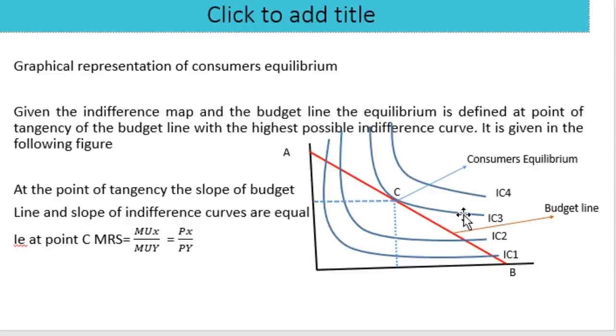Here, the consumer is in equilibrium at IC3. Here at point C, the marginal rate of substitution, that is the marginal utility of X divided by the marginal utility of Y, equals the price ratio, Px by Py. The slope of the indifference curve is equal to the slope of the budget line, and the consumer satisfaction is maximized.